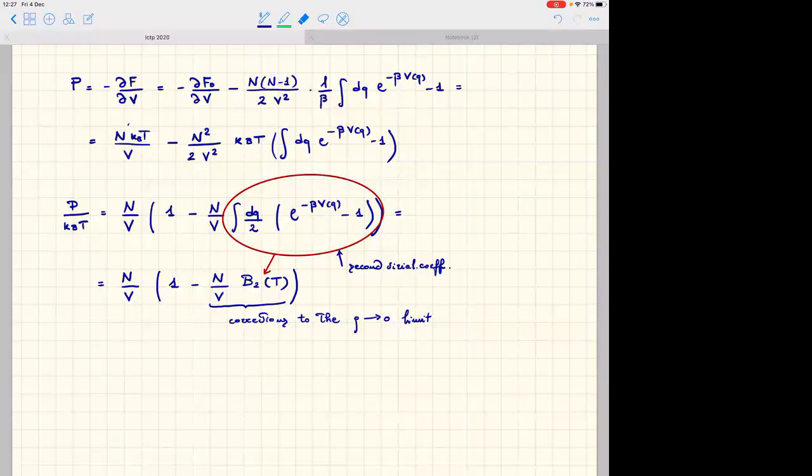Ah, I see. Okay. And now we will have the task to compute the next corrections. But in order to compute the next corrections, it is much better, rather than using this cumulant expansion, to use another technique that is called the cluster expansion. So this is what we are going to do next time. It's much more complicated than this.